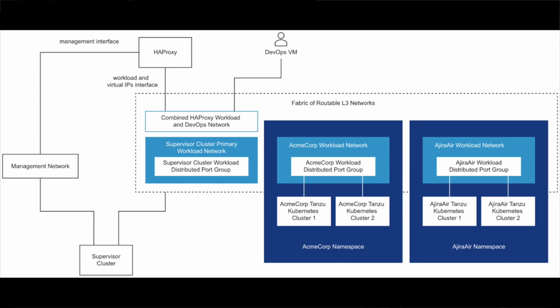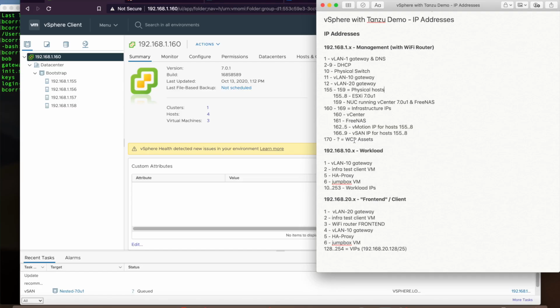So, for example, if one team deploys a Kubernetes cluster to vSphere, they might have a particular subnet that all their workload assets go into, which is isolated from another team's assets that are going to go into a different subnet, and again, are completely isolated from everything else. So the workload network cannot be accessed from the management network and cannot be accessed from the front-end network.